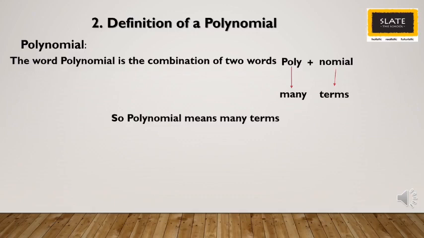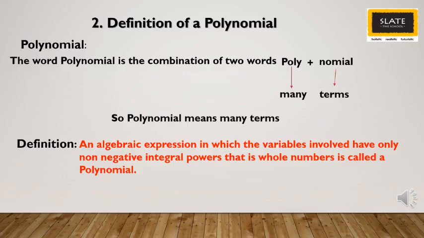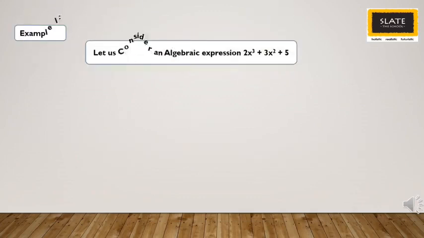Now see the definition of polynomial. An algebraic expression in which the variables involved have only non-negative integral powers, that is whole numbers, is called a polynomial. Let us see some examples to understand more about polynomial.